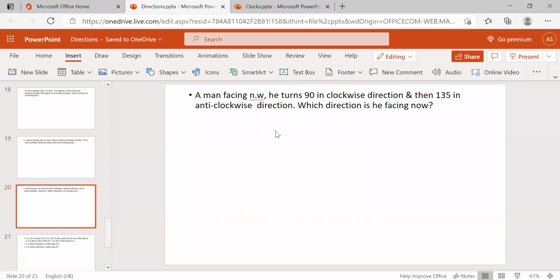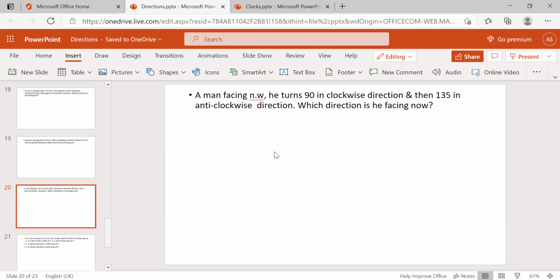Without drawing the diagram, you can just say this one. 90 degrees clockwise and 135 degrees anti-clockwise. That means just subtract that. So 45 degrees anti-clockwise. From where? Northwest to anti-clockwise, 45 degrees. Now he is facing northwest.